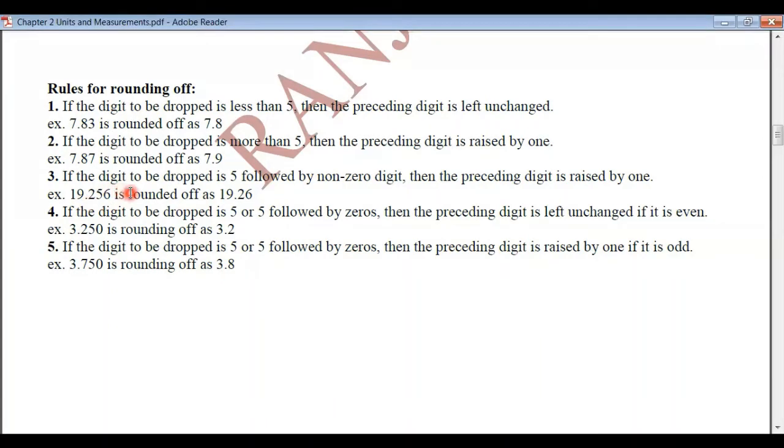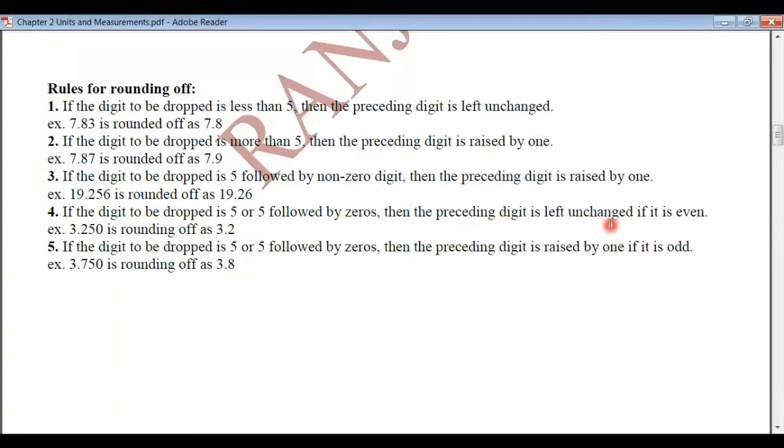Okay, now according to the rule, the digit which is to be dropped is 5 followed by any non-zero digit. So here it is 5 followed by 6. So then the preceding digit will be raised by 1. So 19.256 can be written as 19.26.